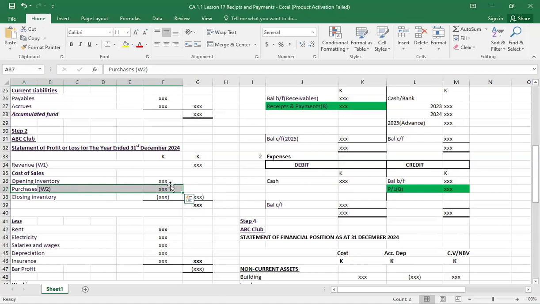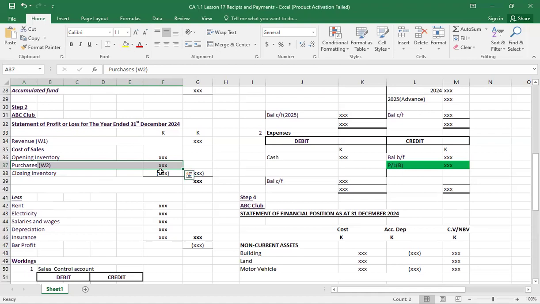Those are the purchases that were paid for. It doesn't mean those are the total purchases, but you've got the opening payables and closing payables. Therefore, you can compute the total amount that was purchased. And then once you do that, you bring the amount here.